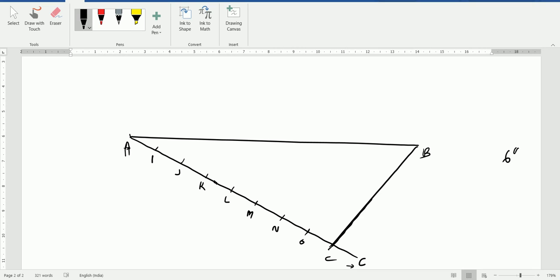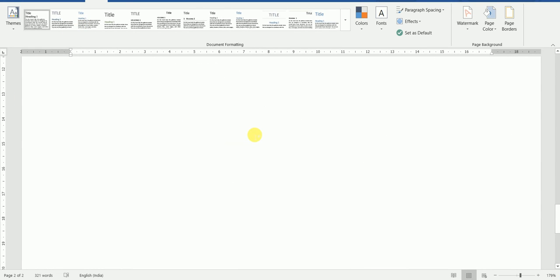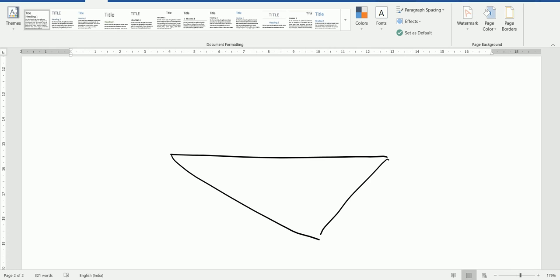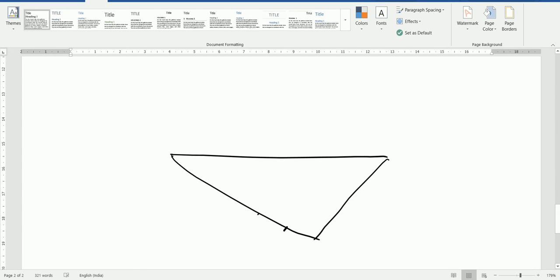Then we need two dividers, two set squares. For example, this is the line, and this is the last one. So we need two set squares, and these are the points, let us say. We need to give one set square.